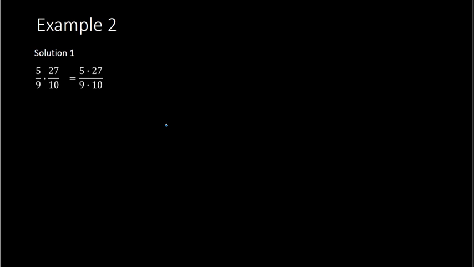So here, we're going to multiply first and then simplify. When we multiply first, we have 5 times 27 over 9 times 10, which would give me 135 over 90. And I can divide top and bottom by 5, which would give me 27 over 18. And then I can take that further and divide by 9 to get 3 over 2.